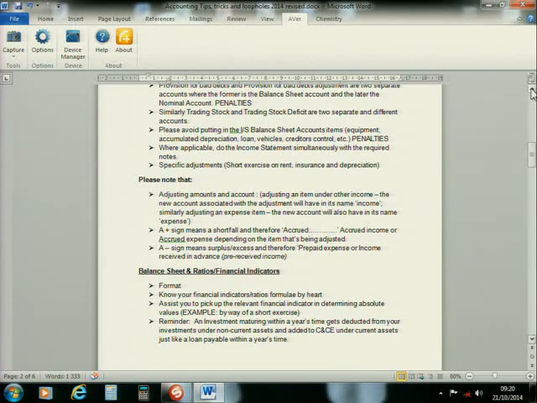Because oftentimes in the balance sheet, you are asked to determine certain values. And amongst other information supplied to you are financial indicators. So knowing your ratio formulas will assist you to pick up the relevant financial indicator in determining the absolute value.